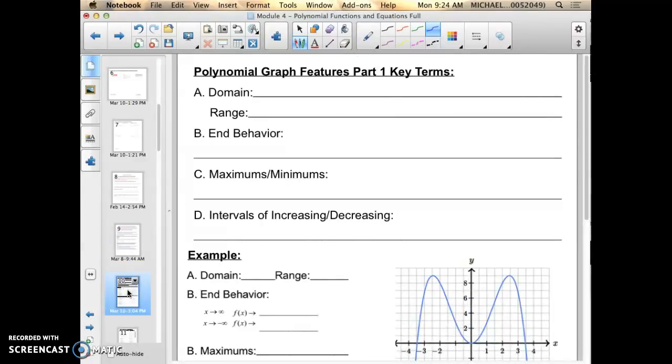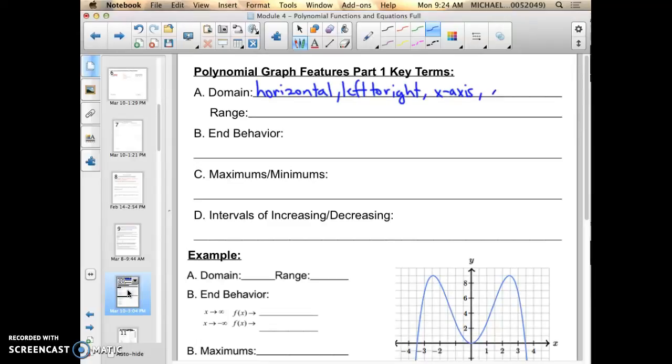Moving on, let's talk through some key terms that I'm going to speak out loud, and I want you to know them when you hear the word domain, range, or end behavior. For domain, again, it's horizontal, left to right. You read it like a book. It's the x-axis.